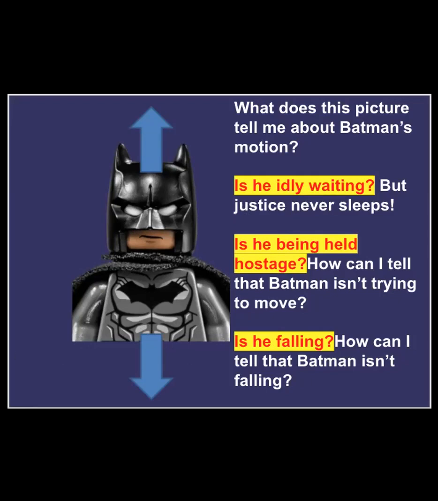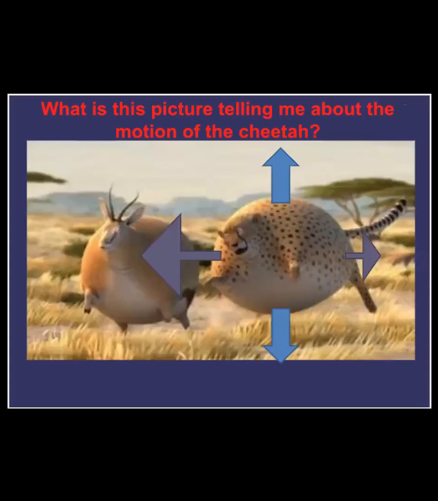Now let's take another picture. This is fun. Some of you might have seen this movie. What is this picture telling you about the motion of the cheetah? Now take a look at the force that is upward and the force that's downward, and they are visibly equal. So the upward and the downward forces will actually cancel out.